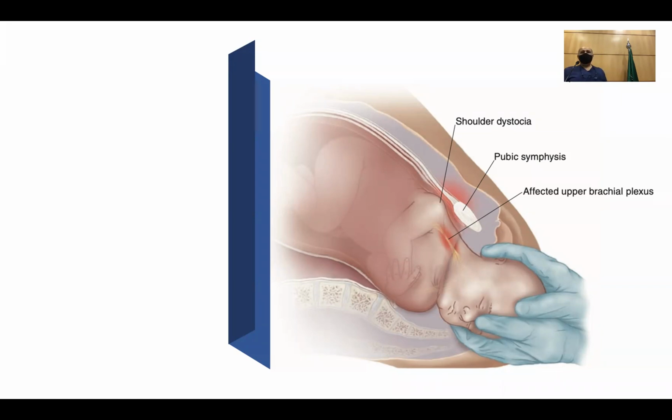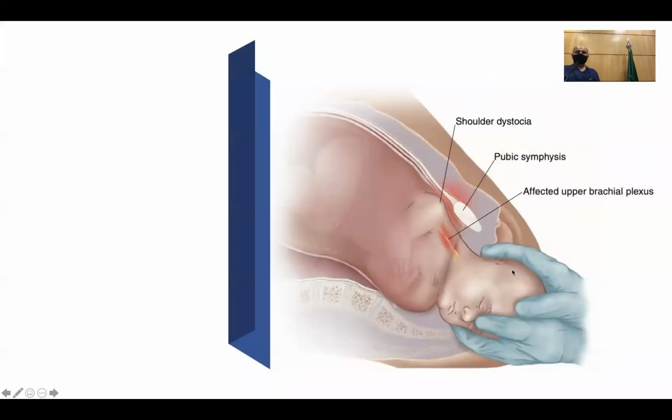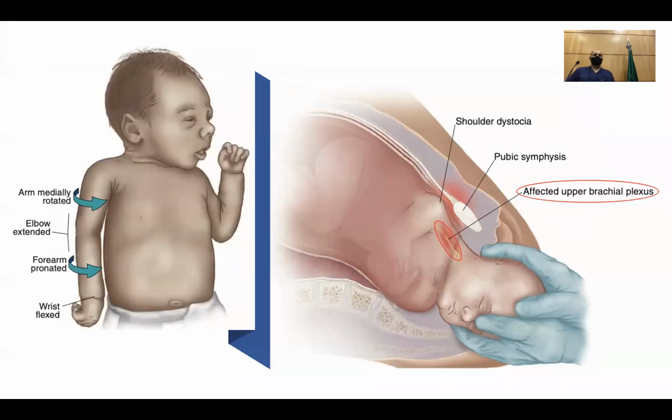When the process of delivery is on, the nurse who is assisting this delivery might cause a stretch. You can see the result of the stretch. That is what tears my brachial plexus, the upper part of my plexus. Now this child, when he is born, one hand will be like that, towards the body and rotated.